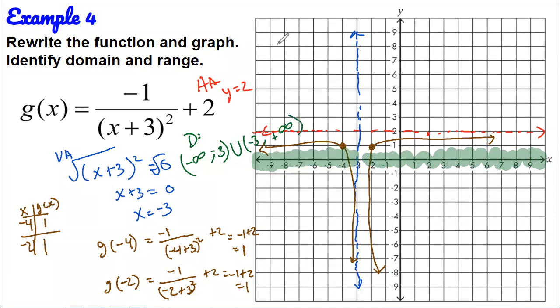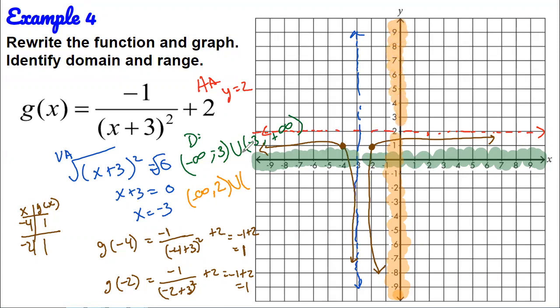Now my range is going to go from the negative side first. Where does it stop? Oh, 2. So it goes from -infinity all the way to 2, union, and from 2 to positive infinity.